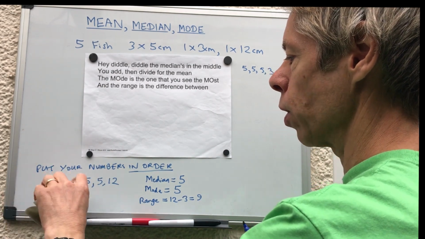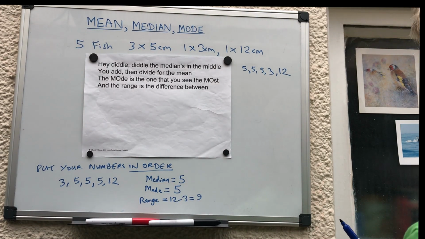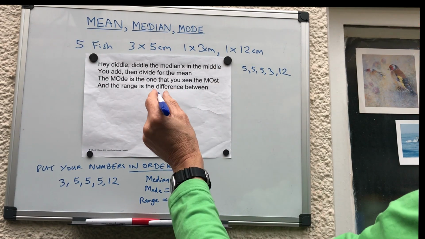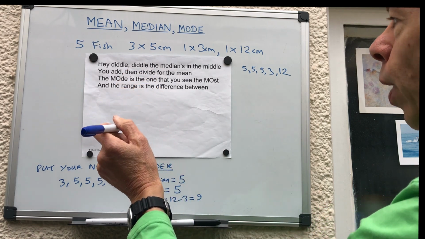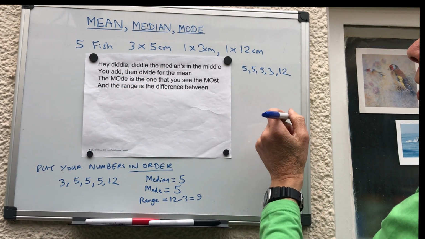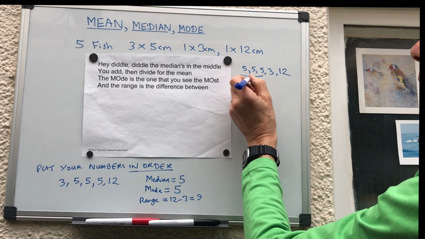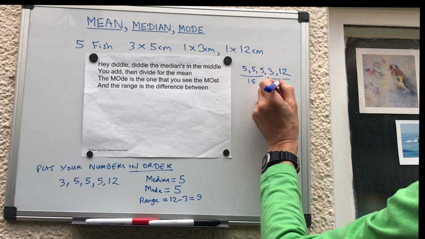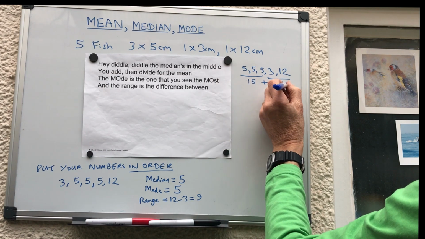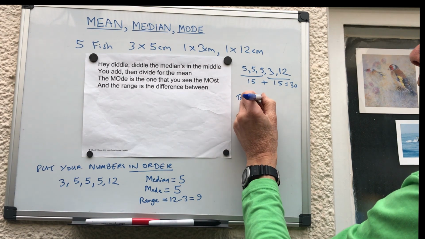Okay, so that was our list of numbers. That was our median, mode and range. Right, it said that you add, then divide for the mean. So you add the numbers up. So we had 5, 10, 15. That makes 15. So that makes 30. So total is 30.